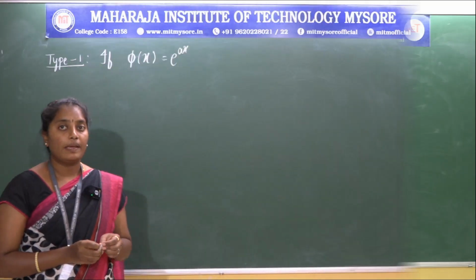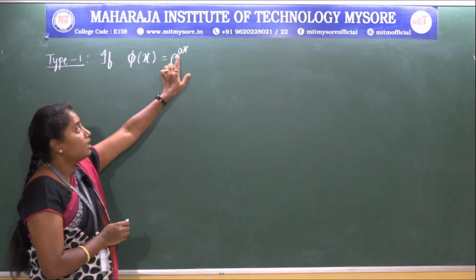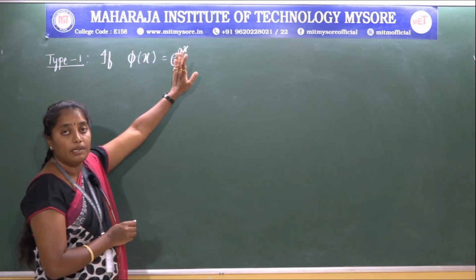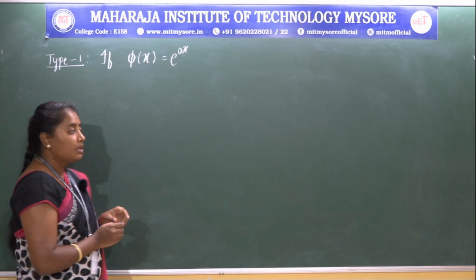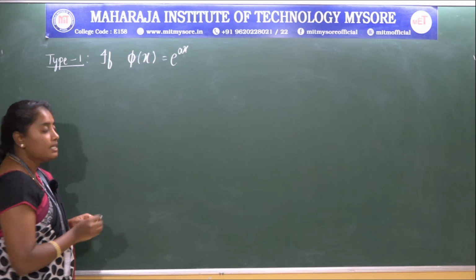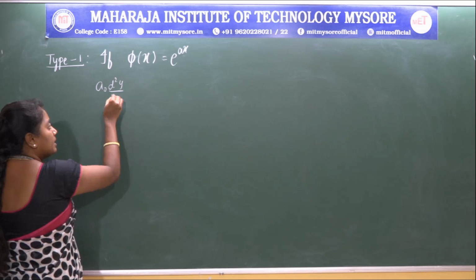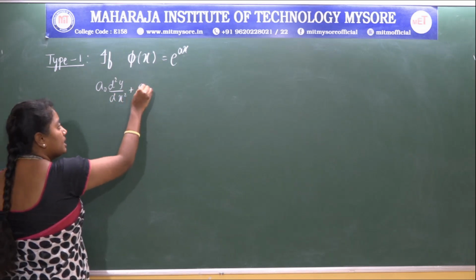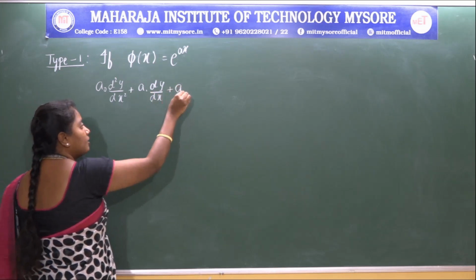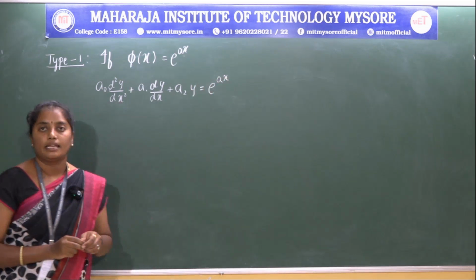Type 1, phi of x is equal to e to the power of ax. It is an exponential term with a constant a, where x is the variable and a is the constant. To find the value of yp, if phi of x is equal to e power ax, then the equation is in the form of a naught d squared y by dx squared plus a1 dy by dx plus a2 y is equal to e to the power of ax.